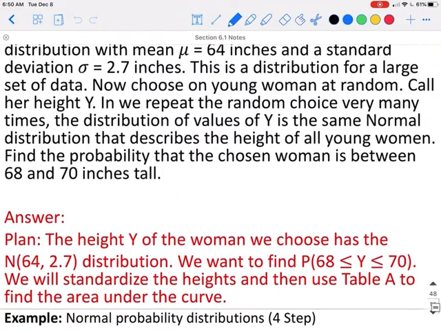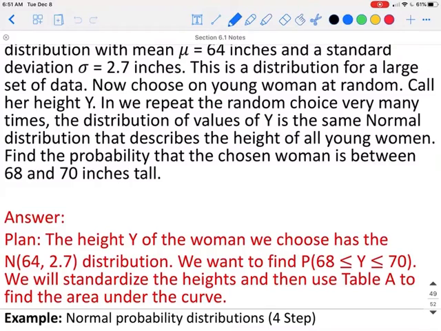Our plan is that the height y of the woman we chose has a normal distribution with 64 inches as the mean and 2.7 inches as the standard deviation. We want to find the probability that y is between 68 and 70. We will standardize the heights, which means we will find the z-scores, and then use Table A to find the area under the curve.